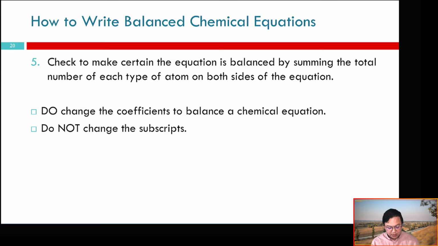Then you want to check to make certain the equation is balanced by summing the total number of each type of atom on both sides of the equation, right? So you write out a little table, say carbons, oxygens, hydrogens, irons, whatever is present on the left side, count all of those up, and then do the same for the right side, and they have to match. So you do change the coefficient, do not change the subscripts.